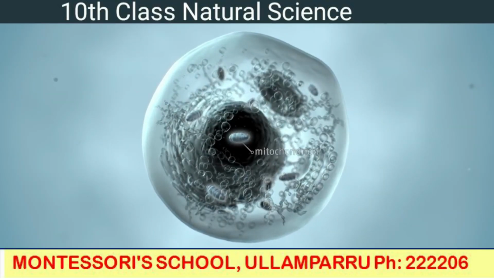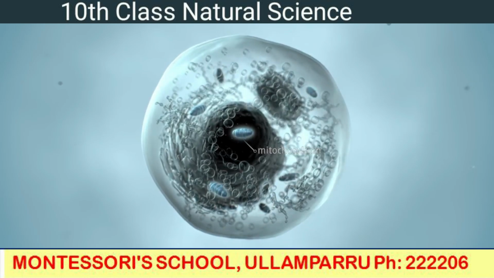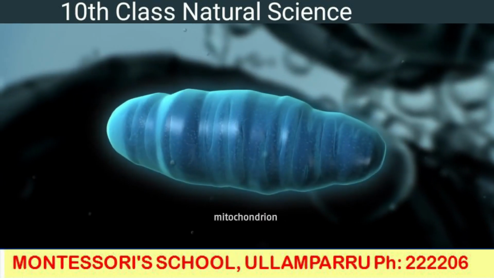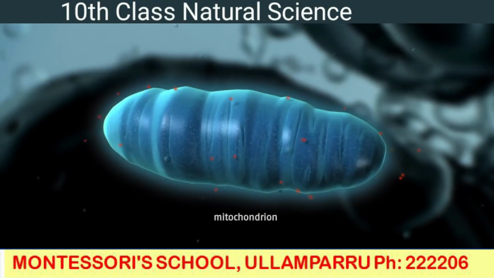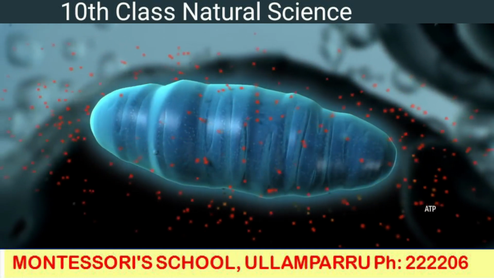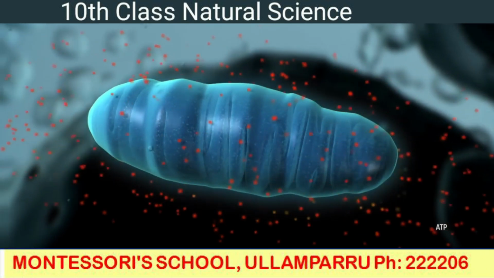Our body is made up of trillions of cells. They all require energy to function. This energy is created within our cells, in the mitochondria. Here, food is converted into chemical energy called ATP. ATP is released by the mitochondria so cells can use it.